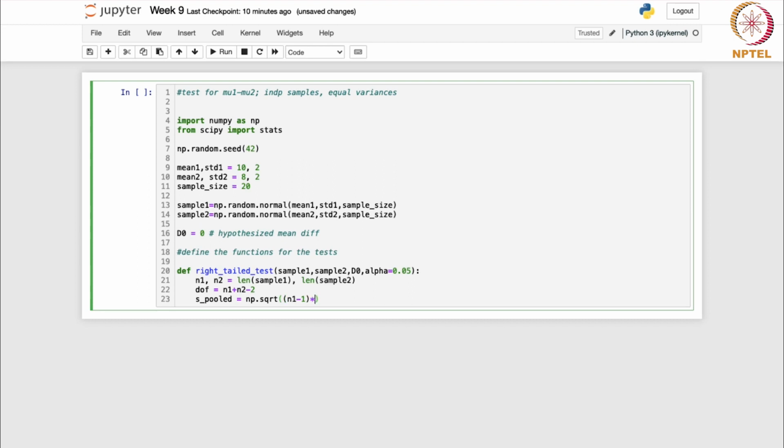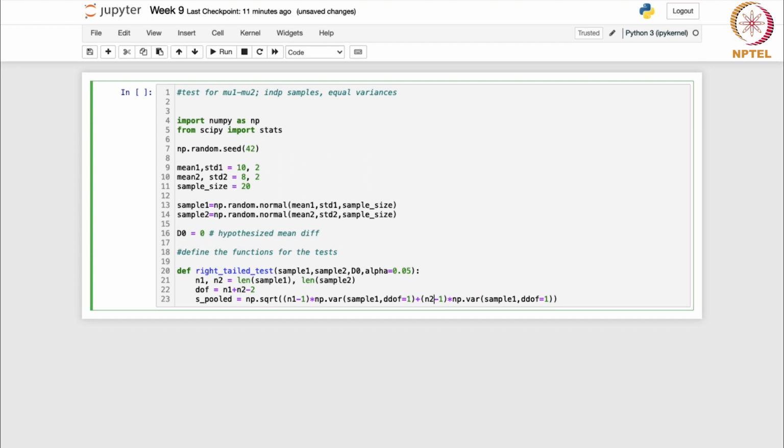into s1 square, right? The sample variance of the first sample. So np dot var, and here it would be sample 1 comma ddof as 1, because we know that we have to deal with the sample variance. Next, the same thing would be there for n2 minus 1, because if you know the formula, then you can write it easily.